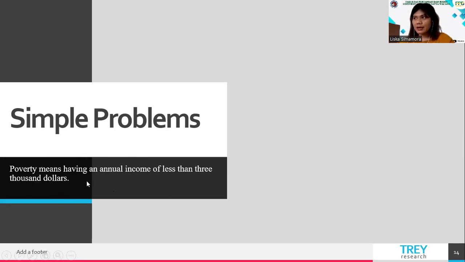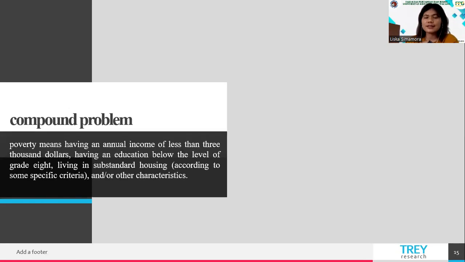But is increasing the society's annual income simple? Of course not. So this is what I said previously: a simple problem doesn't have to be solved with a simple solution. Okay, so let's go to the next example.